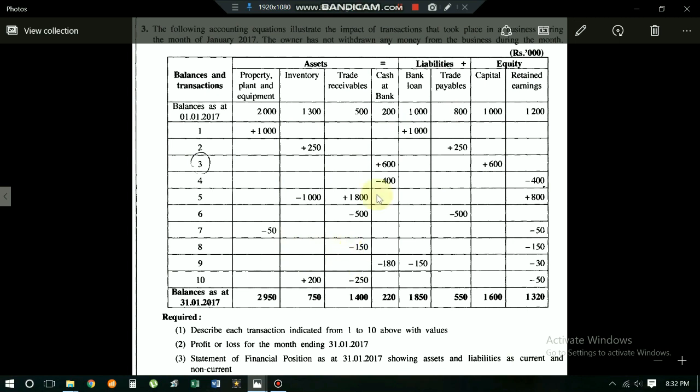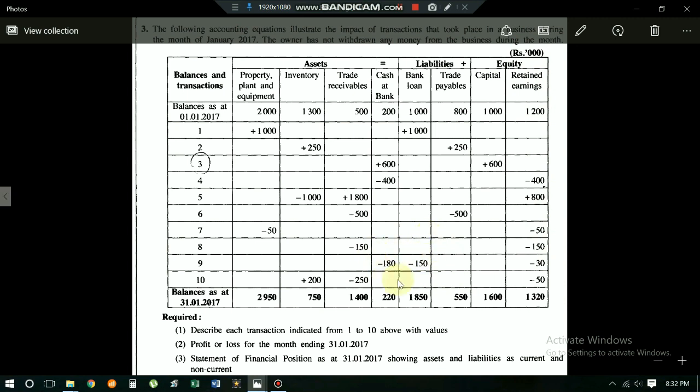Number 9, cash at bank gone down, bank loan gone down, and RE gone down. As we know, if you obtain a loan, you have to repay it. When you're going to repay, you repay as installment. Installment normally consists of two parts, the loan part and the interest part.